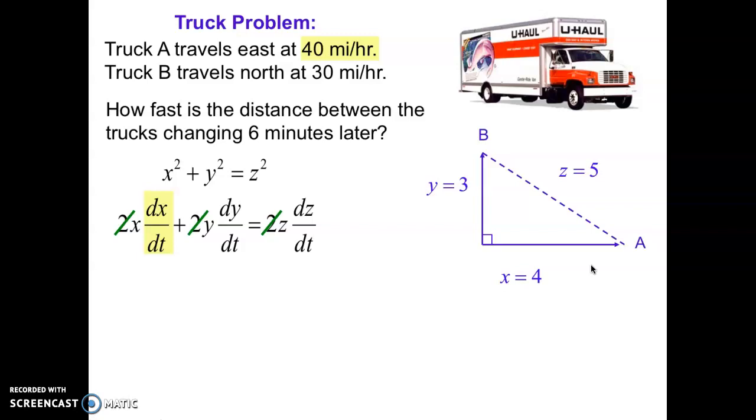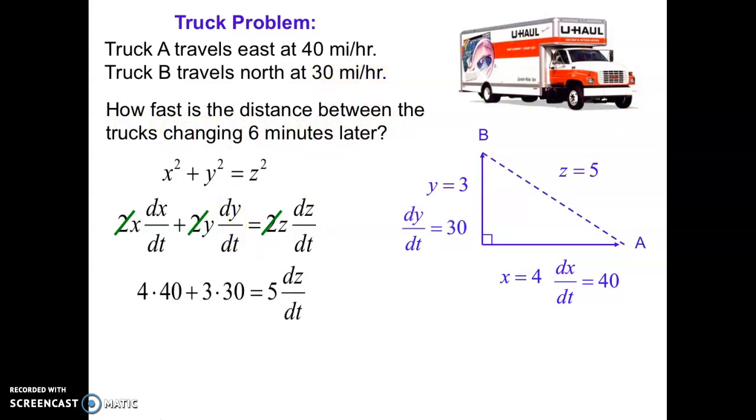The derivative of x with respect to t is simply the rate of truck A and how fast truck A is traveling. We know also that truck B is traveling at 30 miles an hour. We do not know how fast the distance between the two trucks is changing. That's what we have to find. That's our question mark.